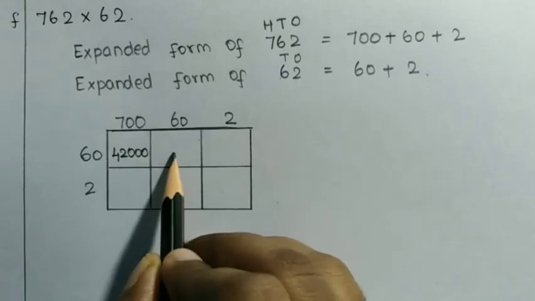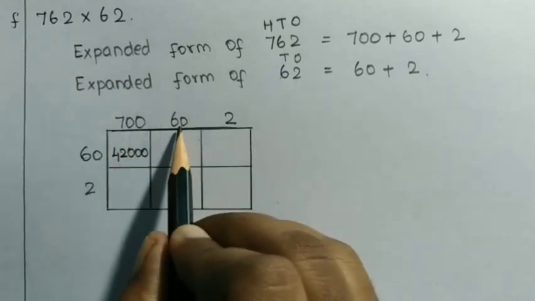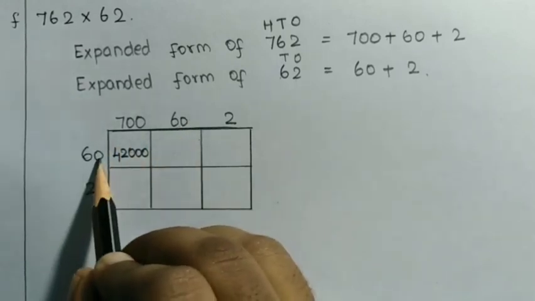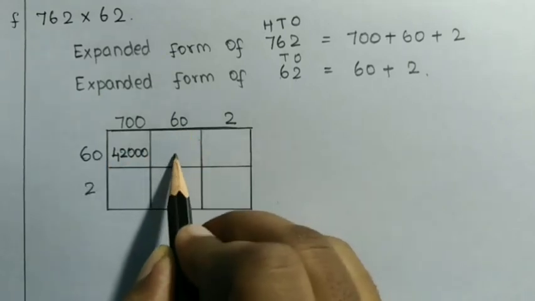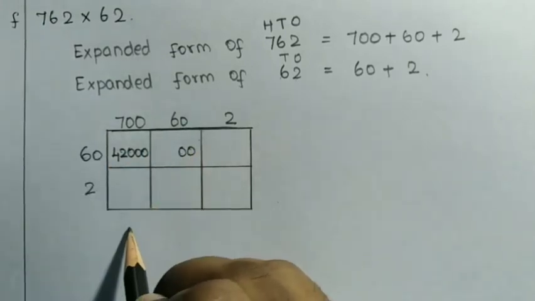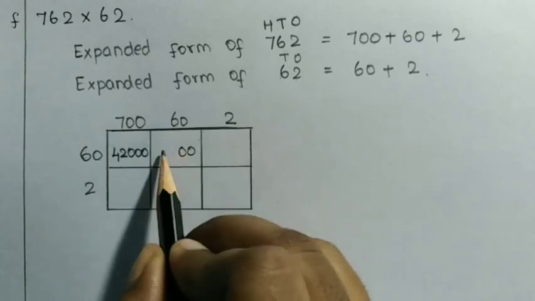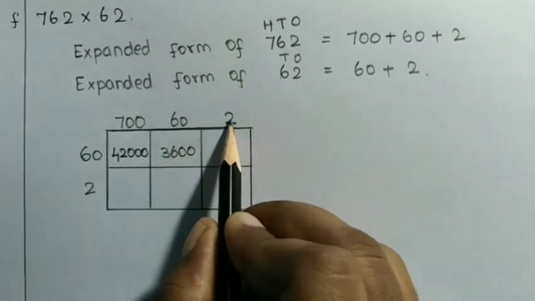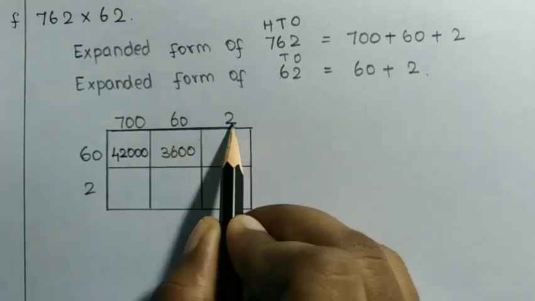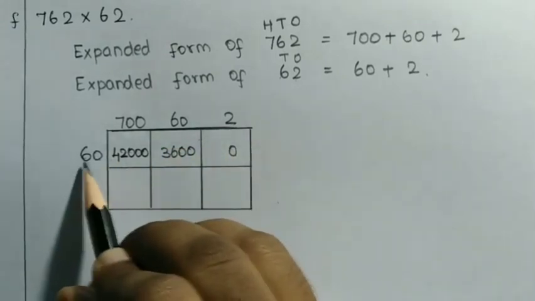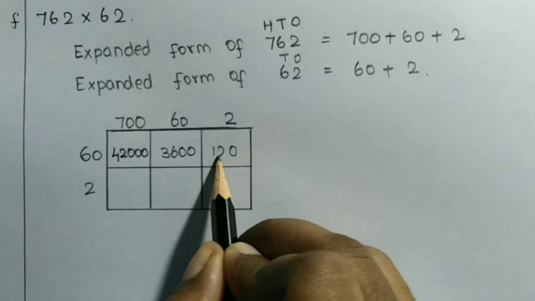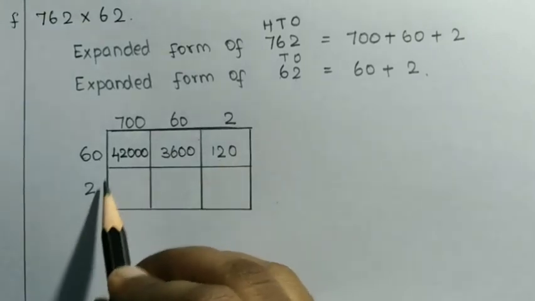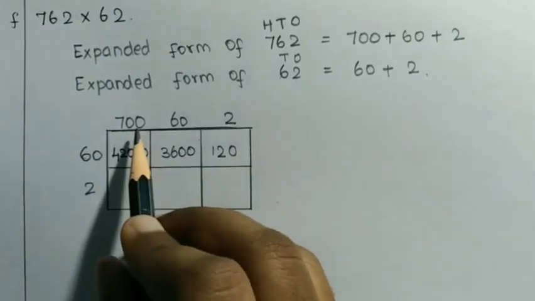Now for this box we have to multiply 60 with 60. 0 and 0. We can write 2 zeros at the end and then 6 sixes are 36. 60 into 2. 0 2s are 0. 6 2s are 12. 2 into 700.